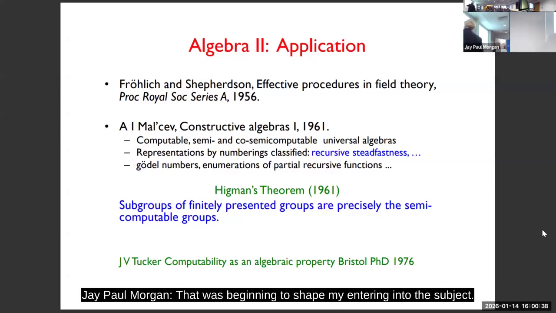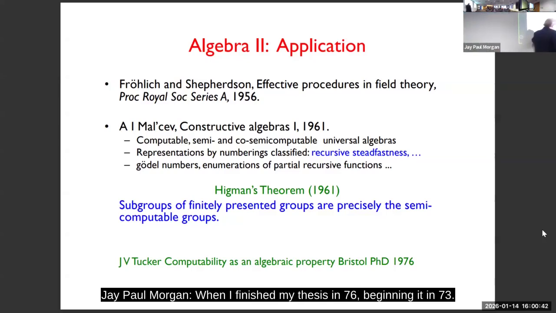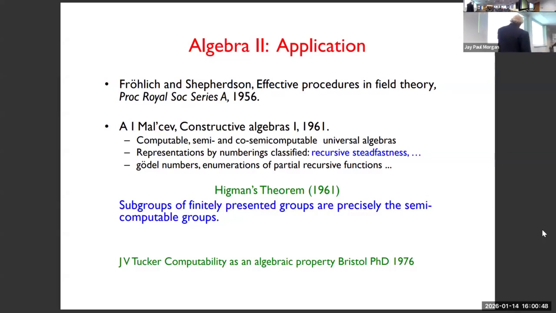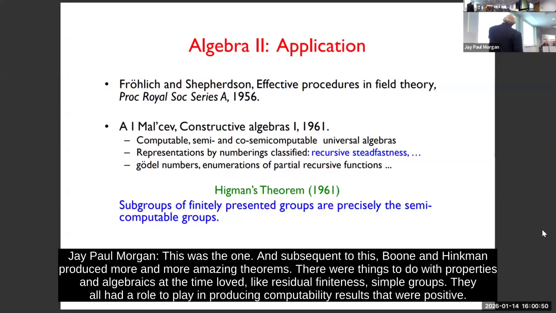And this is the world, if you like, that was beginning to shape my entering into the subject when I finished my thesis in '76, beginning it in '73, I guess. And subsequent to this, Boone and Higman produced more and more amazing theorems.